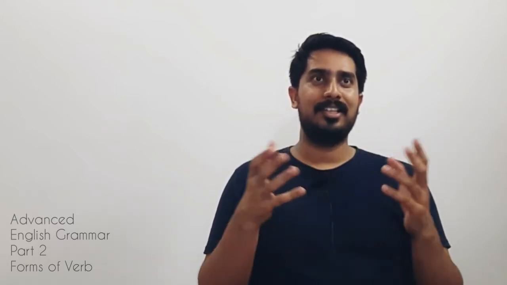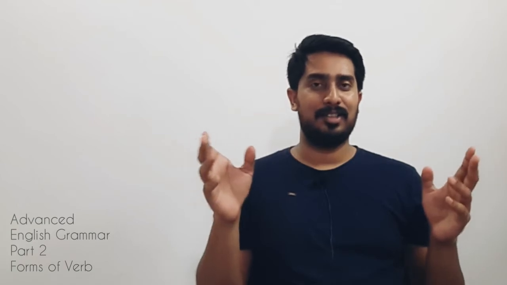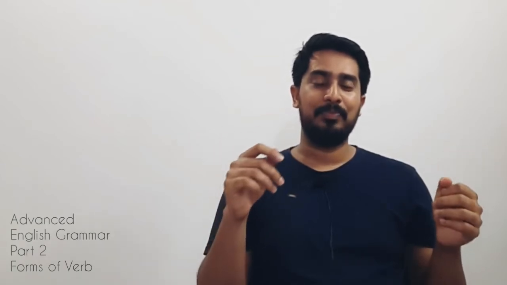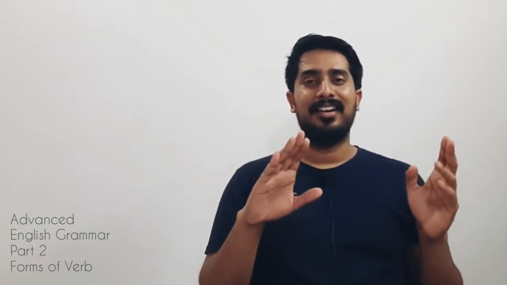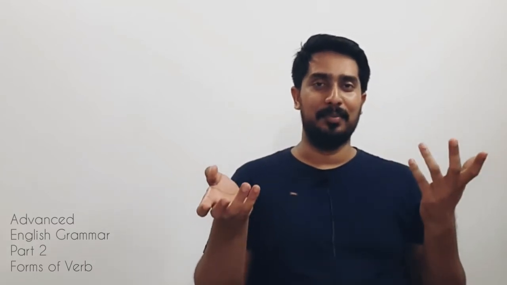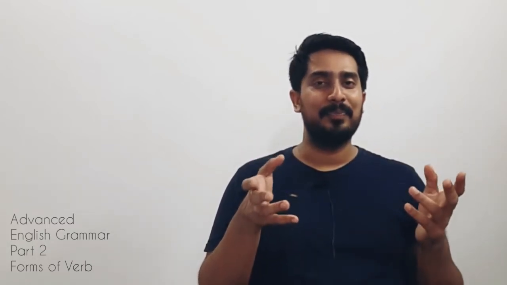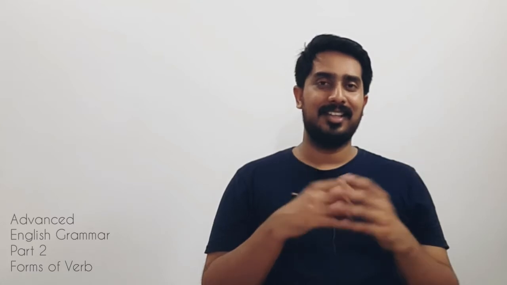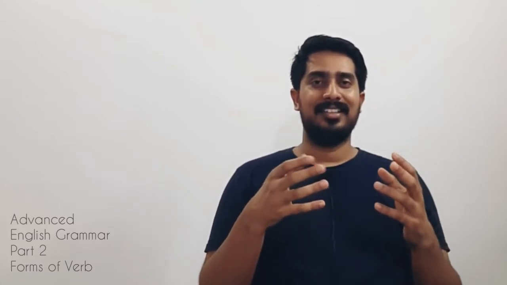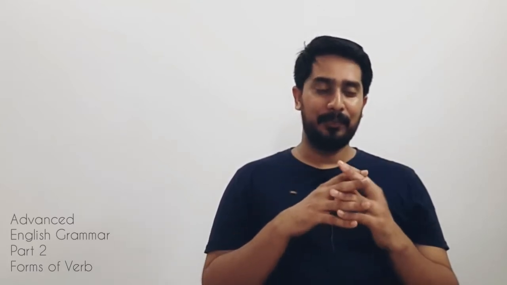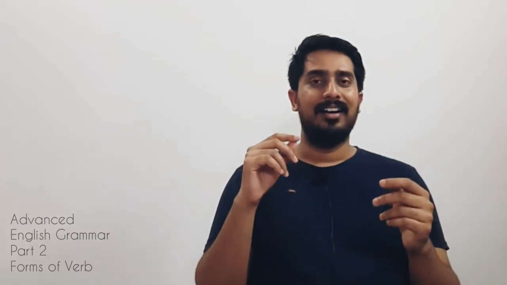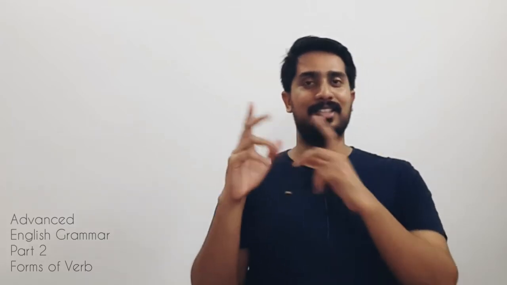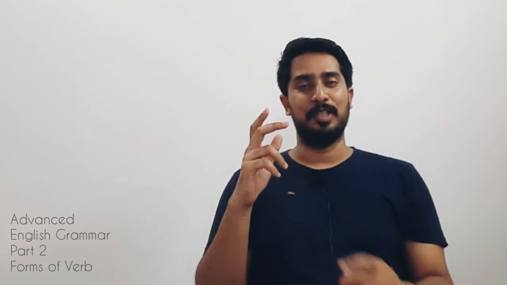Now think of the basic structure of a sentence. What all things do you need? You most of the time need a subject and a verb, right? A subject and a verb. The essential things that you need to make sentences are a subject and a verb. For example, the baby cries. The baby is the subject and cries is the verb.